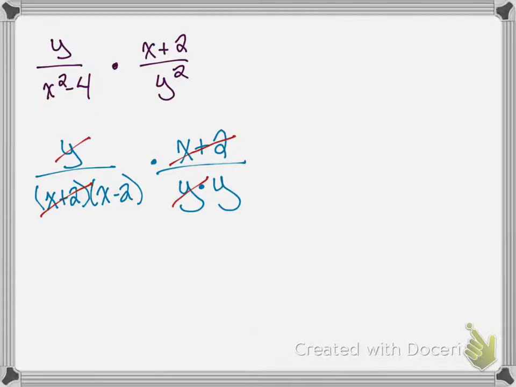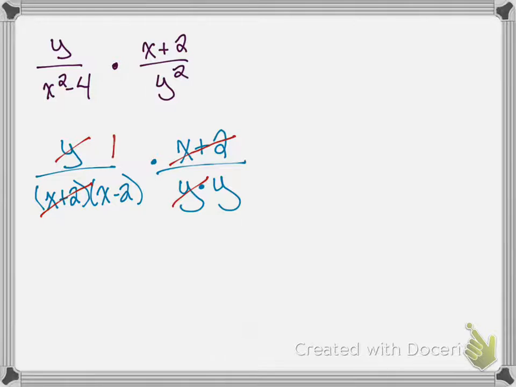What is y divided by y? 0. No. Why? Y divided by y. What is it? 1. What's 3 divided by 3? 4 divided by 4. X squared divided by x squared. 1. X plus 2 divided by x plus 2. 1. So when I cancel everything out, I'm not left with 0.